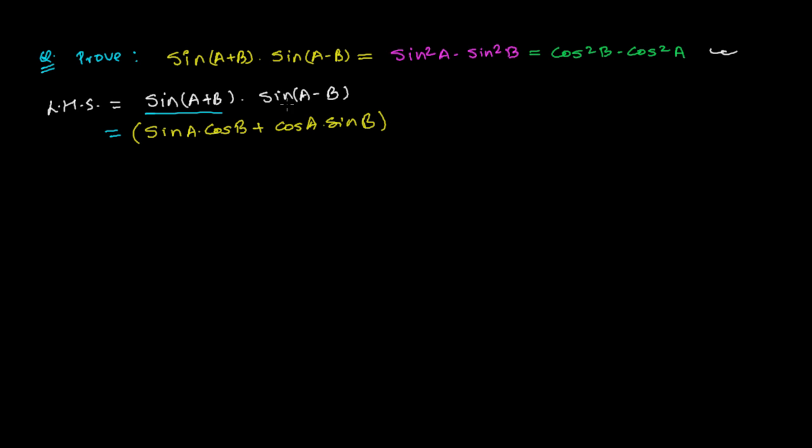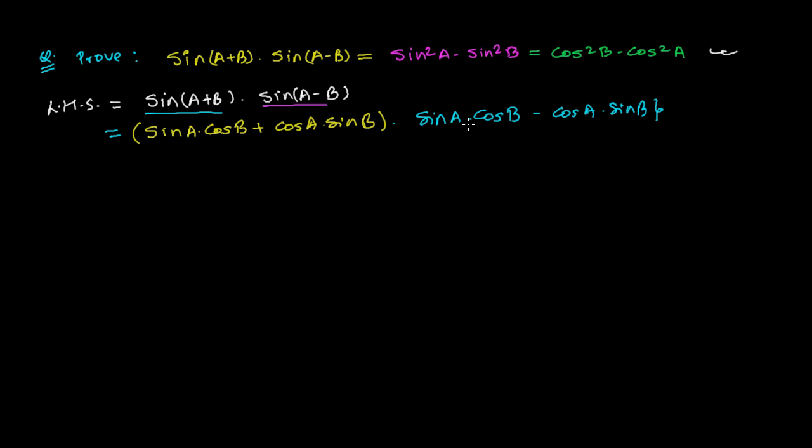And now I'm going to put the formula for sine(a minus b). It's the same, but the sign will change. That's it: sine a times cos b, and initially the sine was a and cos was b, now the cos will be a and the sine will be b. So minus cos a times sine b.